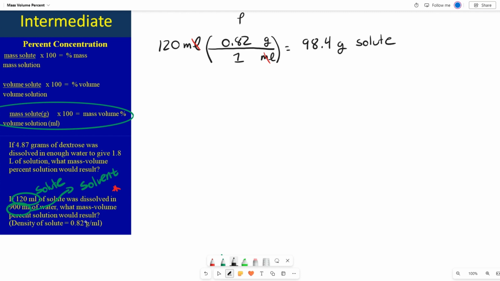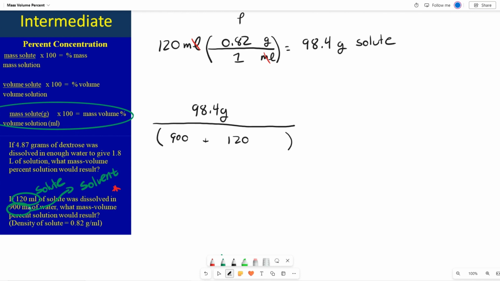All right, so now we've converted our solute into grams, so we can begin doing this formula here. We have 98.4 grams of solute divided by our entire solution. That's 900 milliliters, our solvent, plus 120 milliliters, our solute.